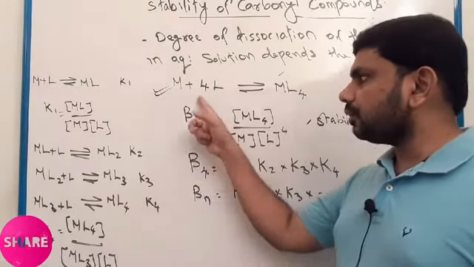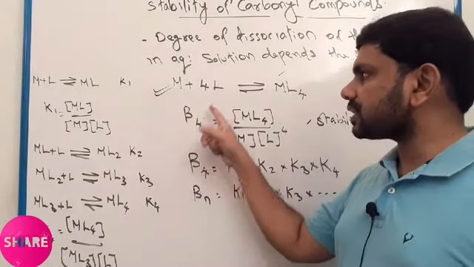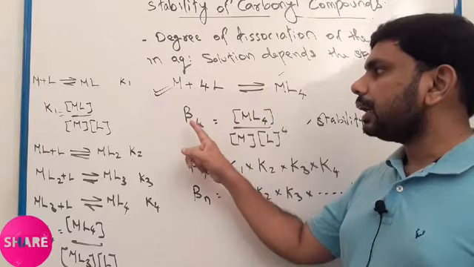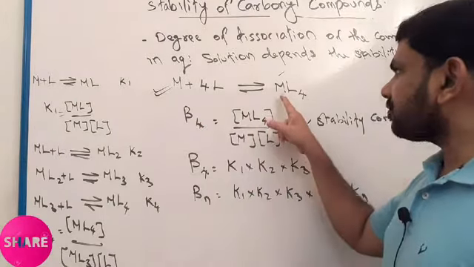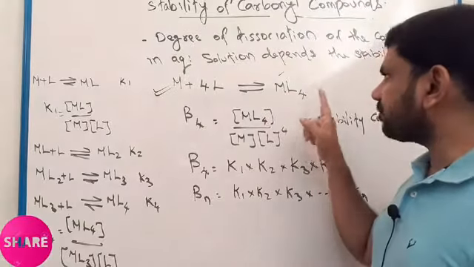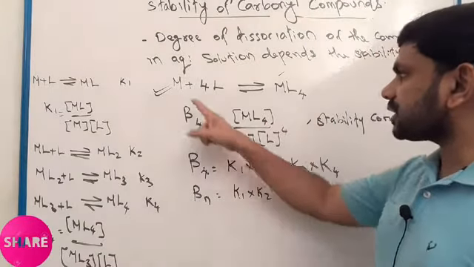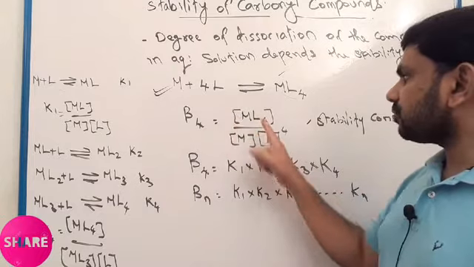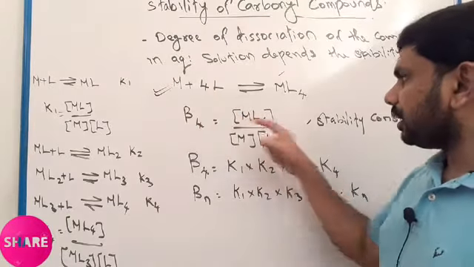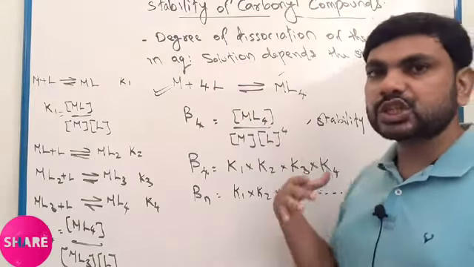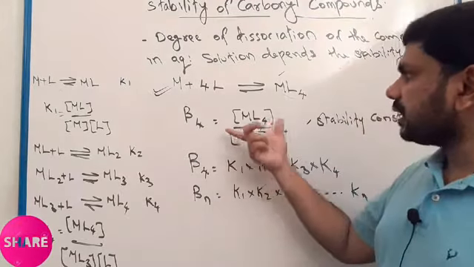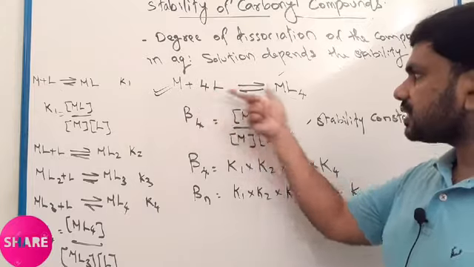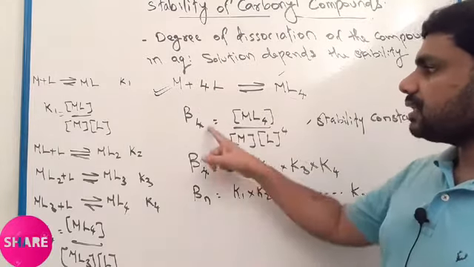Then the equilibrium constant or stability constant for this chemical reaction is beta 4. Beta 4 means the concentration of ML4 divided by the concentration of M and the concentration of L to the power 4. So this is the stability constant for this single chemical reaction, beta 4.